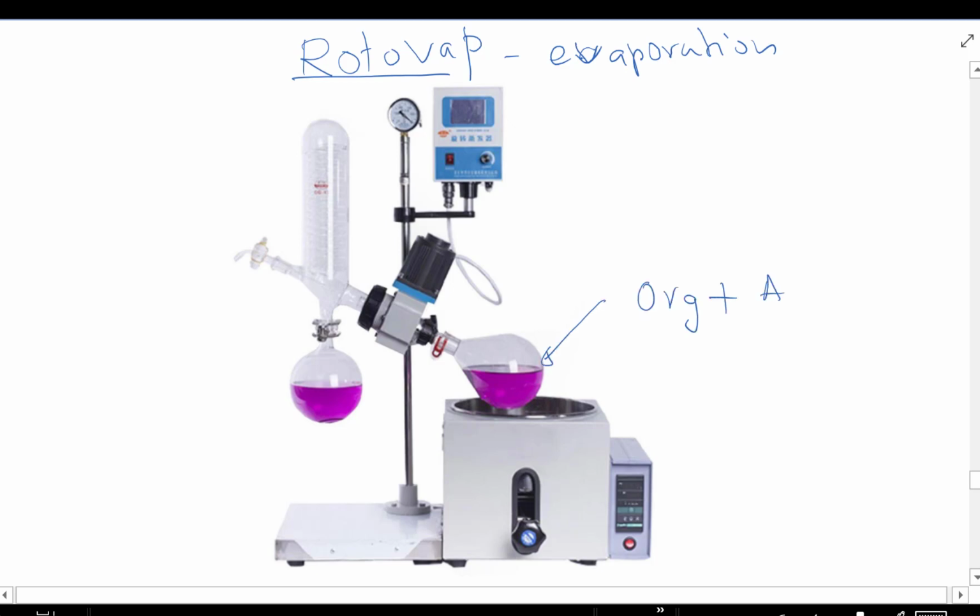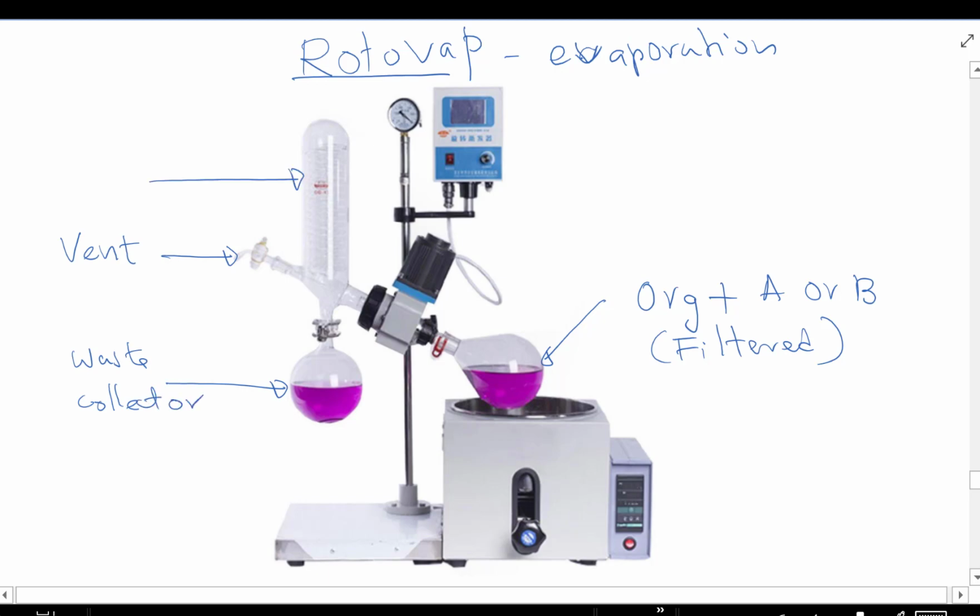This is the flask that holds your organic solvent and your mixture A or B, right? And it's after filtration, so there are no solid particles in it. Now you open the vent first and make sure you have a waste collector in place, and then the condenser is here, and there should be water running from behind. It cannot be seen here. Now you have a heater bath.